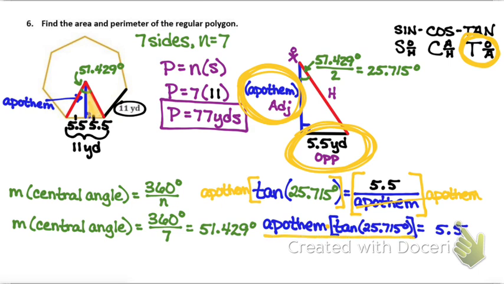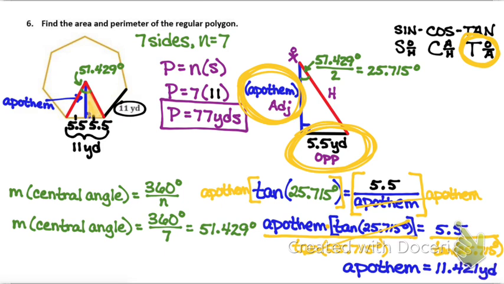I want the apothem all by itself, so we need to divide both sides by the tangent of 25.715 degrees. Now we pop this into our calculator to find the length of that apothem, and I get 11.421 yards.